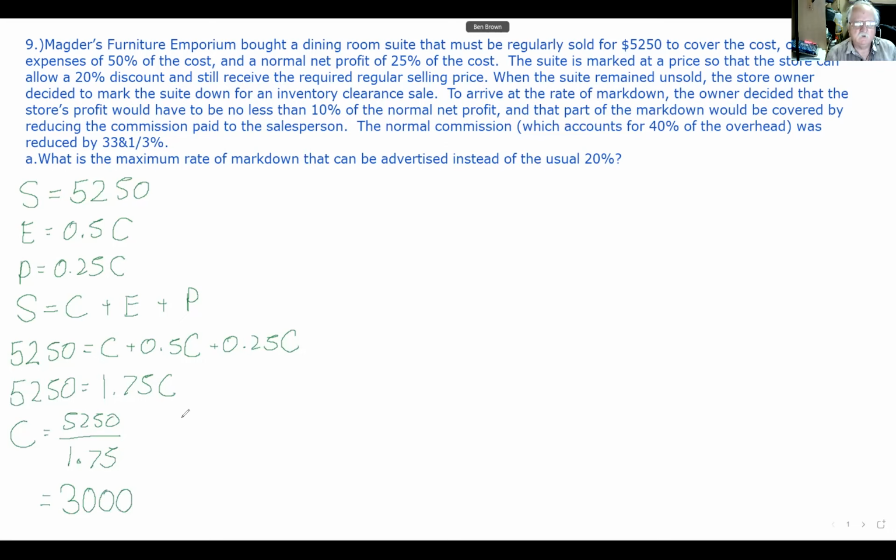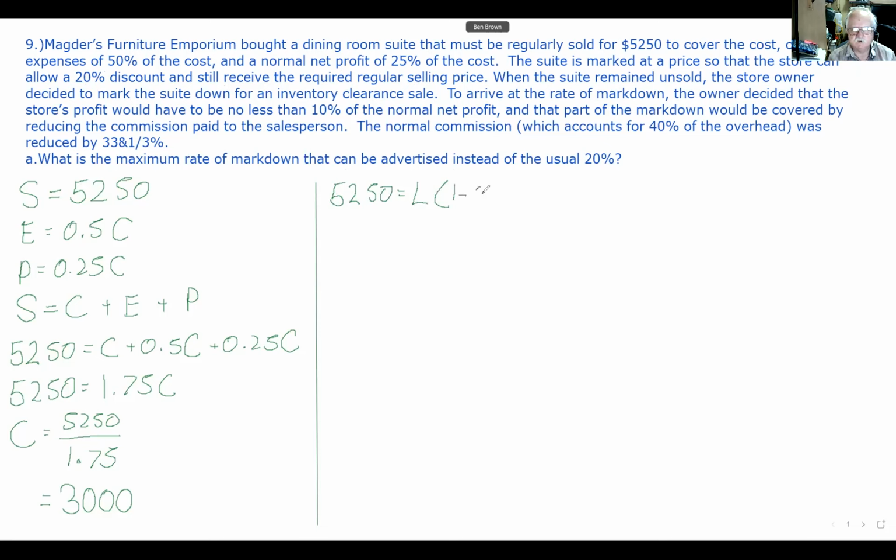So now we can figure out the artificially inflated price, although we could have figured it out anyway, because they'd given us the sale price. So to find that artificially inflated price, we're going to take the regular price of 5250. We don't know the artificially inflated price, but we do know that they're advertising a 20% discount.